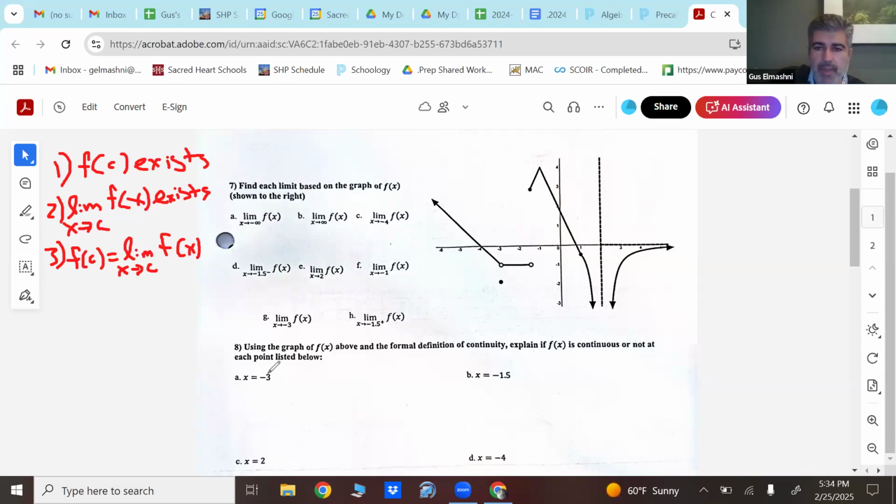Starting at negative 3, it's not continuous. So you say no, because the limit does not equal f of negative 3. F of negative 3 equals negative 2. The limit as x approaches negative 3 of f of x is negative 1.